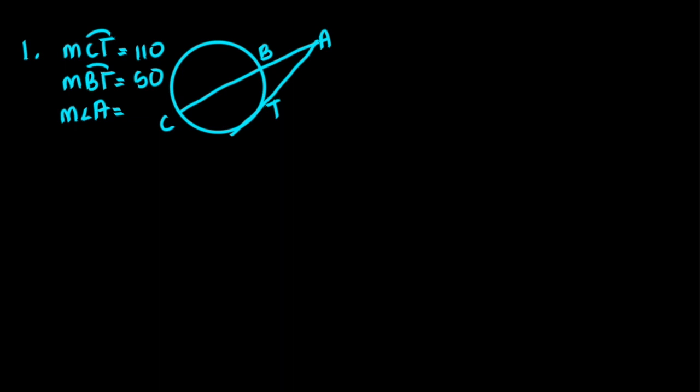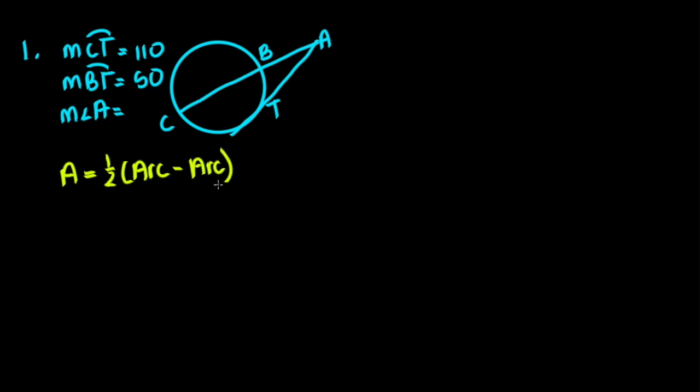All right, so now for this problem, we're going to try and solve for an outside angle. And remember that our formula for an outside angle is going to be that our angle equals 1/2 of arc minus the other arc.